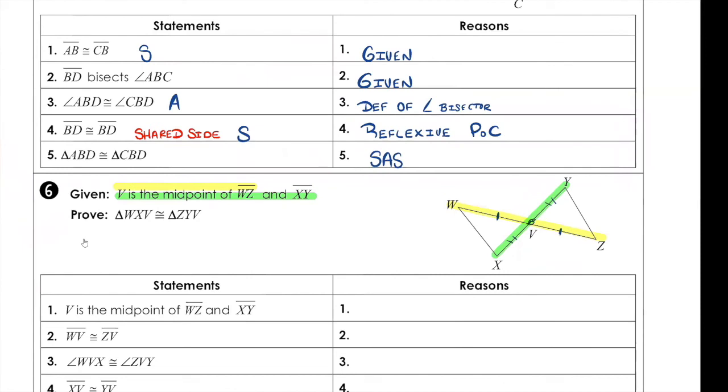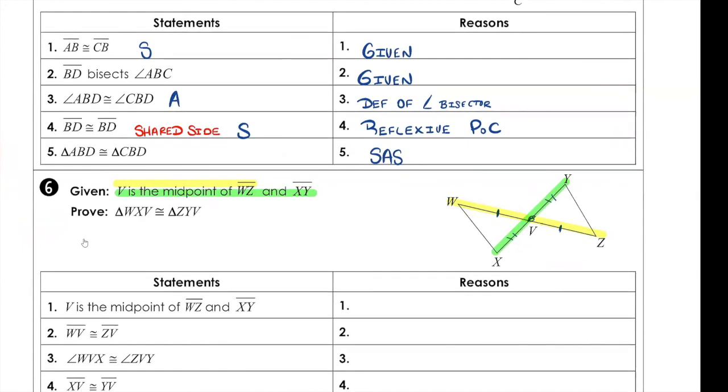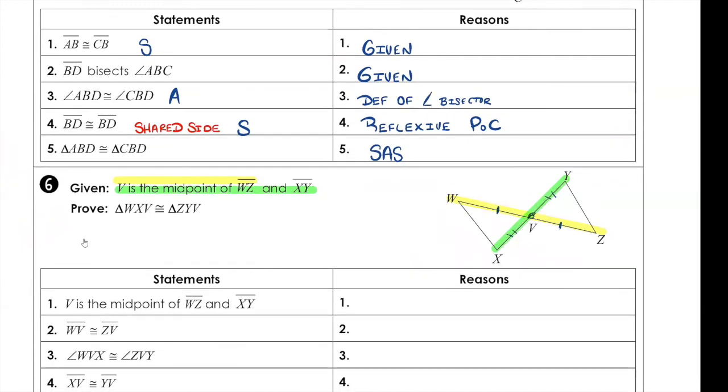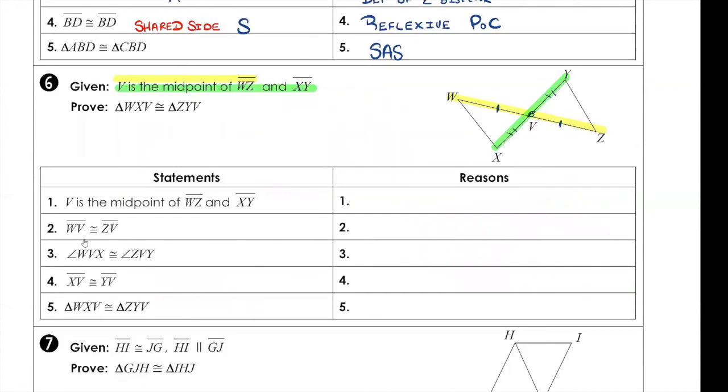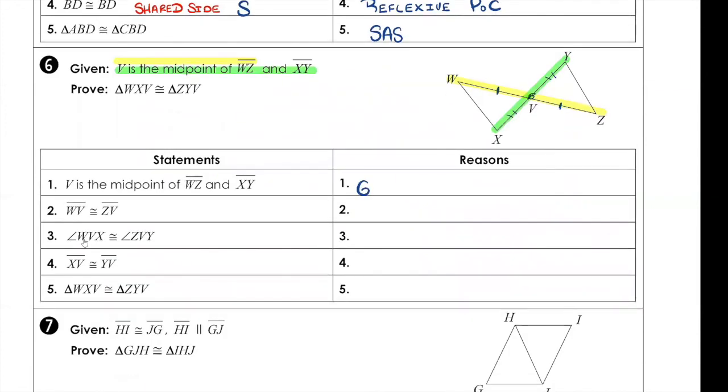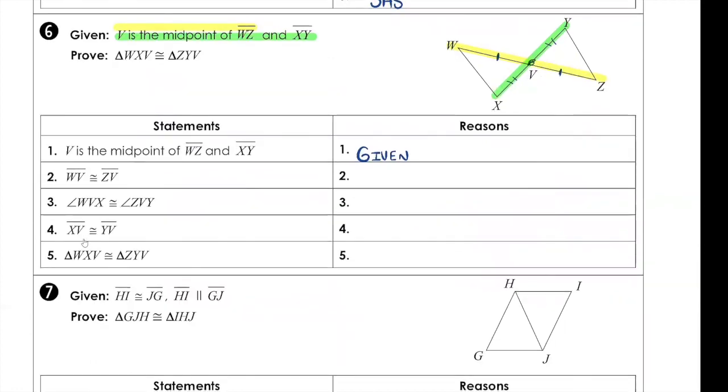All right, so that's all our given information. B is the midpoint of WZ and XY. How do we know? They told us. How do we know WV is congruent to ZV? Midpoint. That's how we concluded that they were congruent.